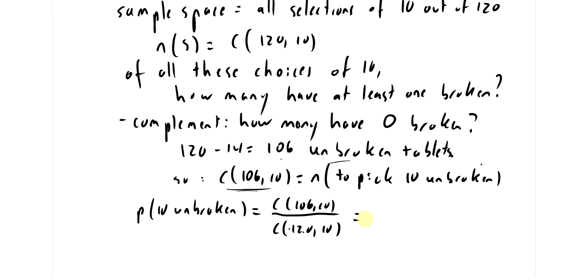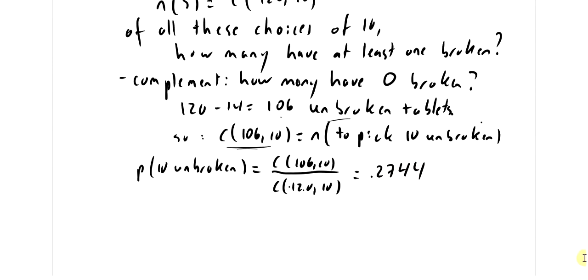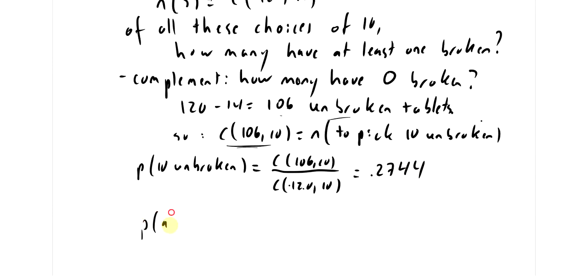And that is, where did I write that down? Oh, here it is. So that's 0.2744. That's the probability that they keep the shipment. The probability that they don't keep the shipment is the probability that at least one is broken.